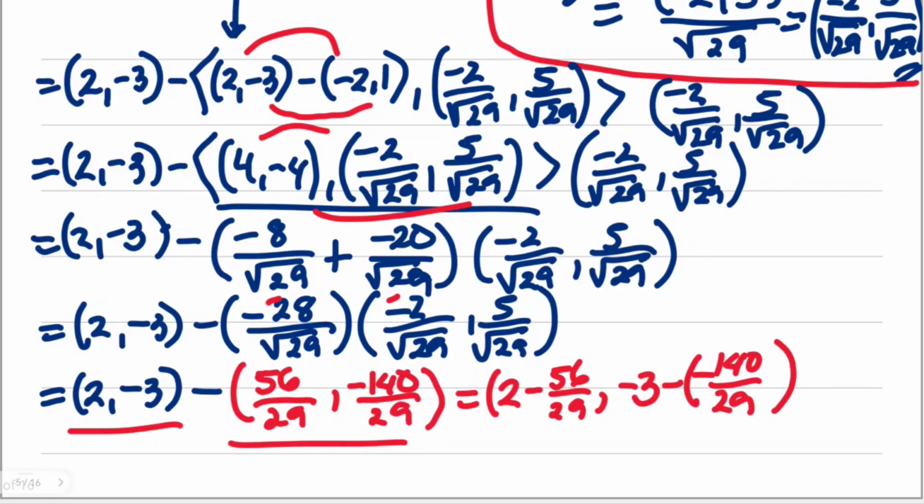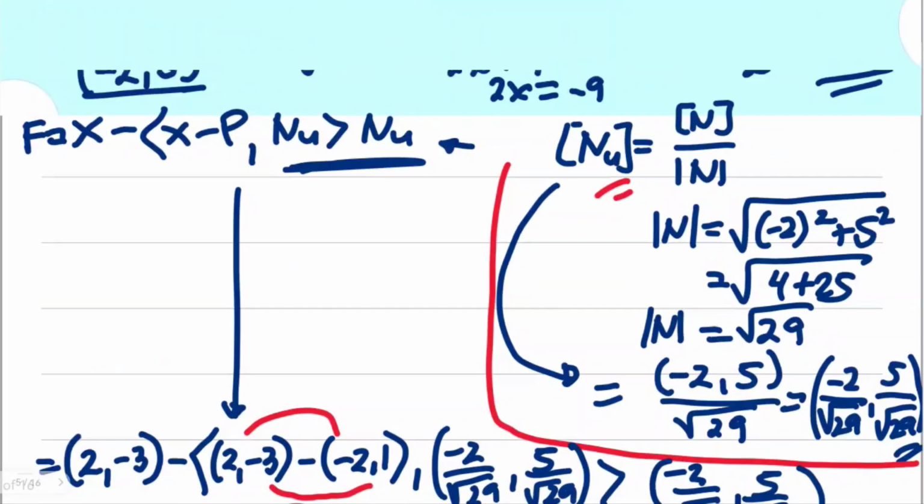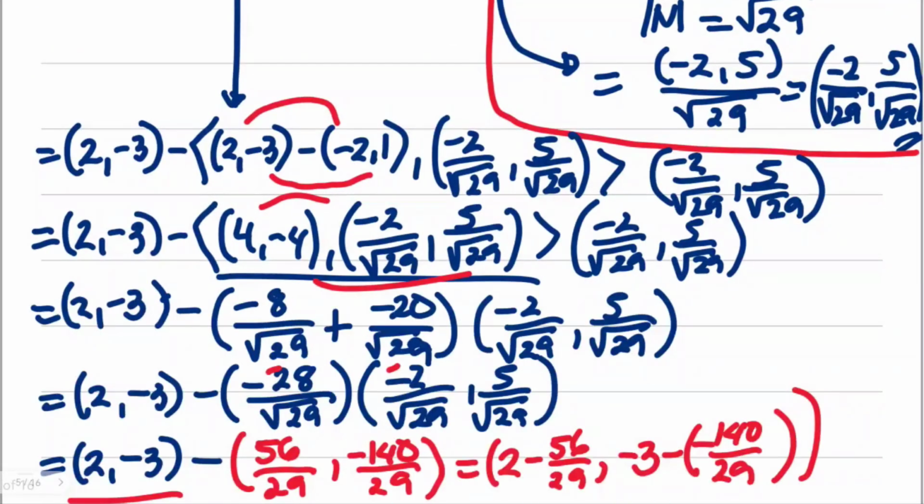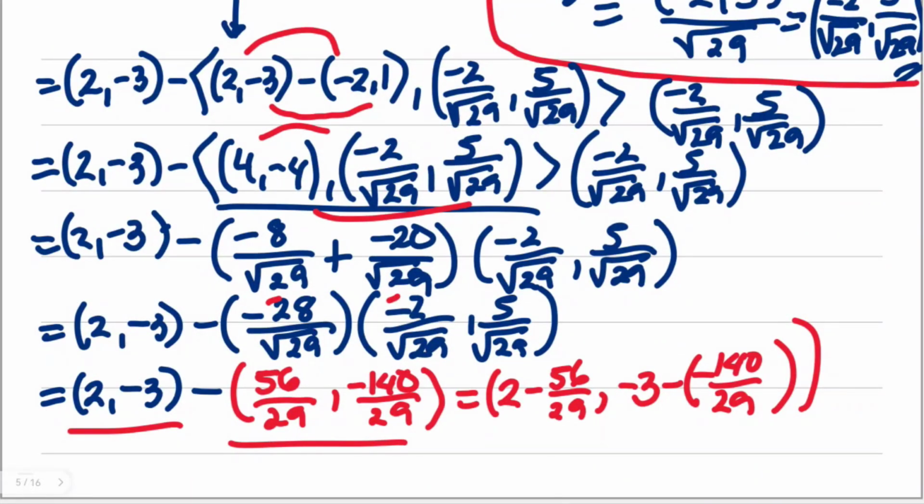And let's see if this would really be at the first quadrant. You may use your calculators there. Okay, so I have here 2 minus 56 divided by 29. So I have in fraction form, 2 over 29.